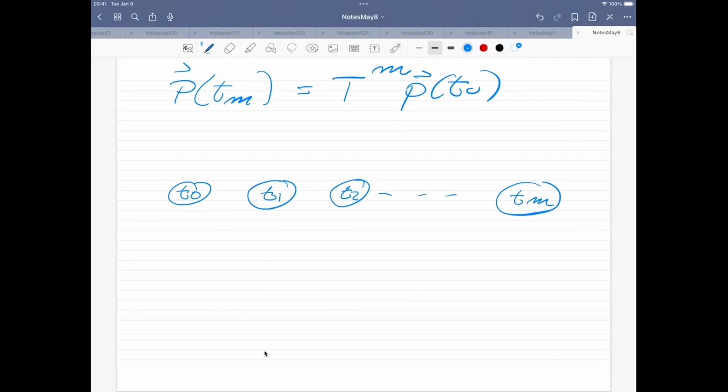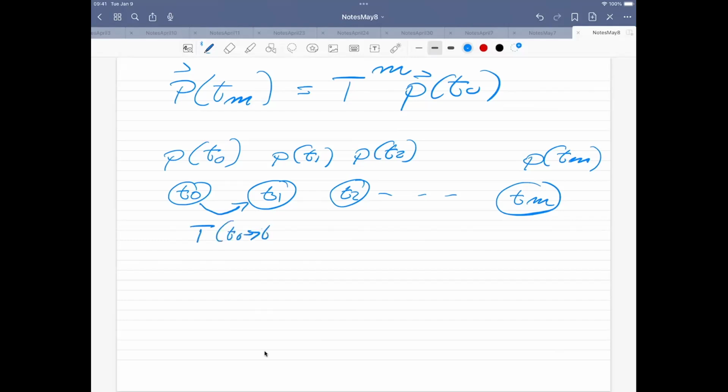So what happens then is that we have a well-defined probability of t0 here. We have a probability P of t1, and I'm skipping the vector signs, if that's okay with everybody. And finally, I have a P of t of M here. And every step here is now given by this matrix T, which goes from t0 to t1.